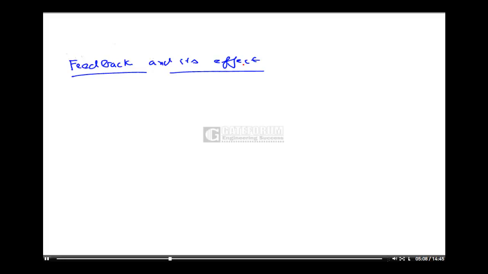How the feedback will affect the system characteristic. Okay. First, the types of feedback: positive feedback, and second one is negative feedback. Okay.